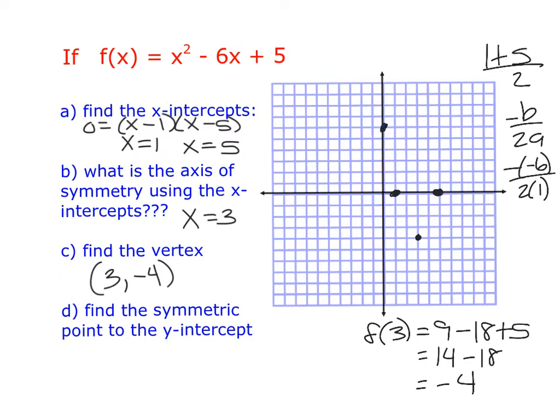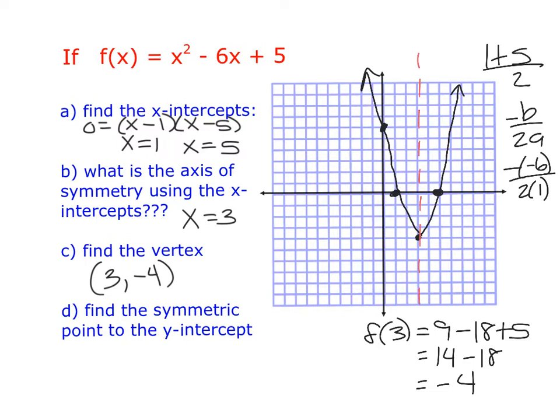Okay. So find the symmetric point to the y-intercept. So the symmetric point is if you reflect it over your axis of symmetry. So let me show you. If I'm going to draw on my parabola as accurate as I can. All right, so my axis of symmetry, I'm going to draw it in red, is that, right?